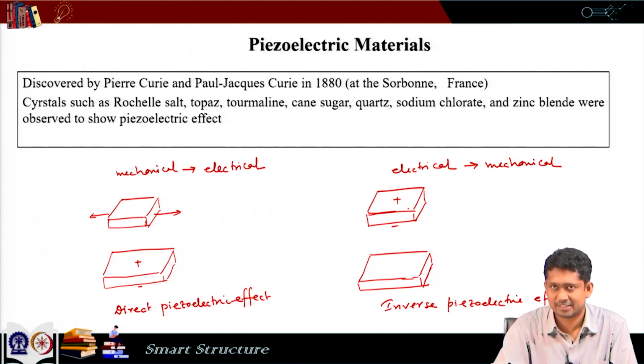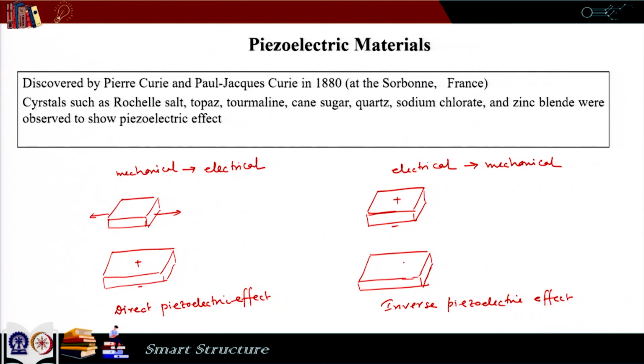We can give an electrical signal and get a mechanical response. These materials were invented by the Curie brothers in 1880, and the effect was found in crystals like Rochelle salt, topaz, tourmaline, cane sugar, quartz, sodium chlorate and zinc blende.